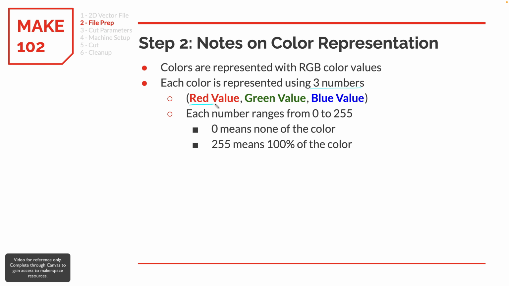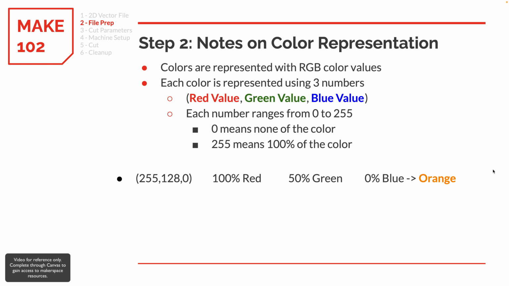The first number is the red value, the second number is the green value, and the third number is the blue value. Each of these numbers can range from 0 to 255. So a 0 would mean there is none of the color, and 255 would mean there is 100% of the color.